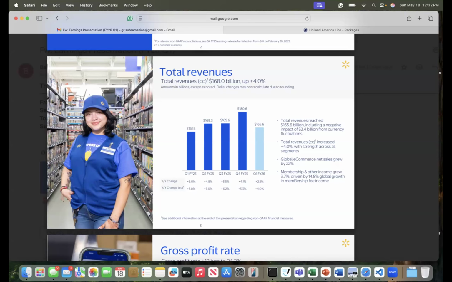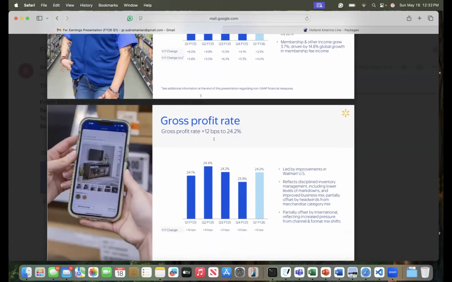Here, gross profit rate went up by 12 bips, led by improvements in Walmart US. They will say which SBU, strategic business unit, went up. What you are seeing reflects discipline in inventory management, lower levels of markdowns, improved business mix. These are the ones we are supporting, providing the detail to the granular level.